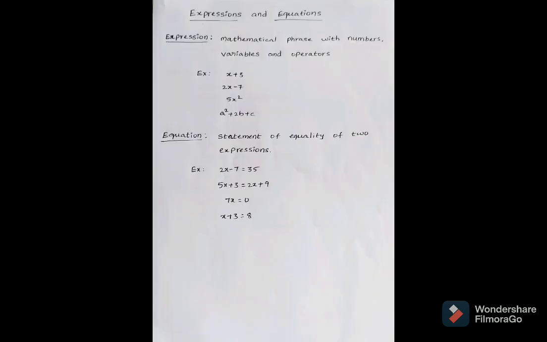Now let us discuss expressions and equations. An expression is a mathematical phrase with numbers, variables and operators. Example, x plus 3. Here x is a variable, plus is an operator and 3 is a number. Next, 2x minus 7.